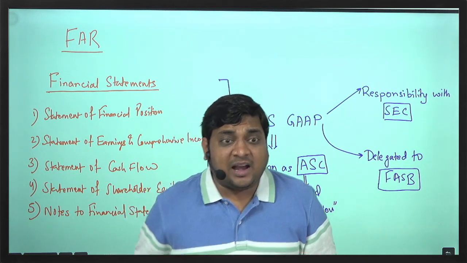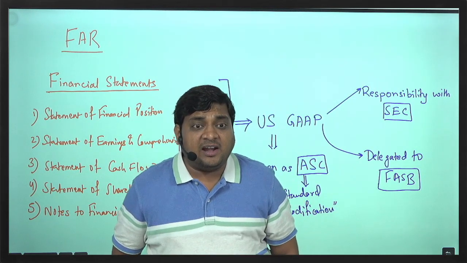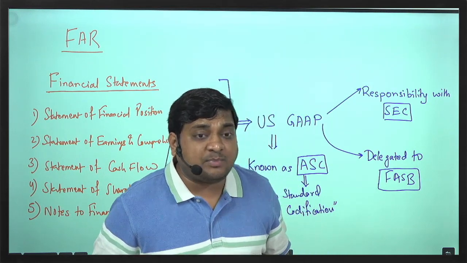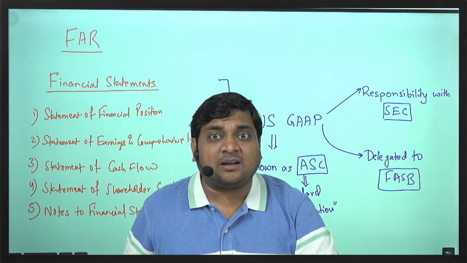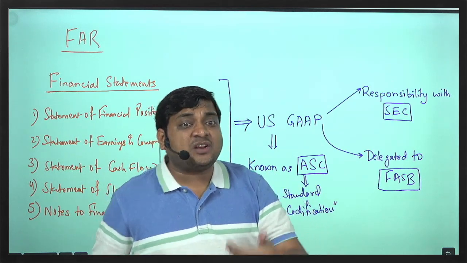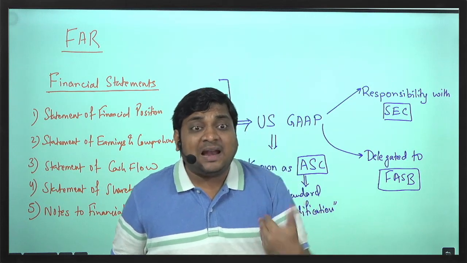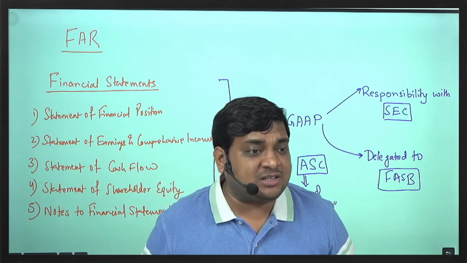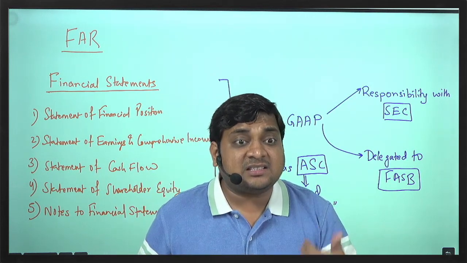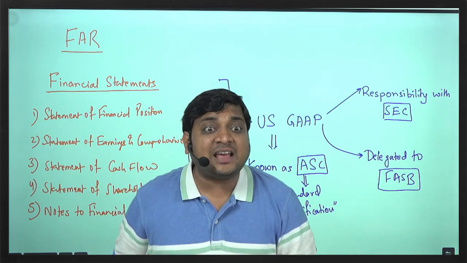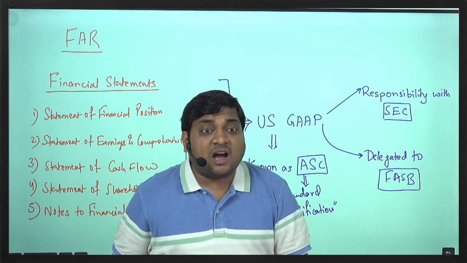You being a creditor, why would you be interested in knowing my performance? The creditor would check whether the business is having sufficient funds to repay them or not. Why would the lender be interested in my financials? The lender is interested because he needs interest. He needs coverage.